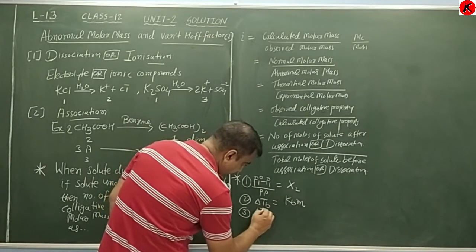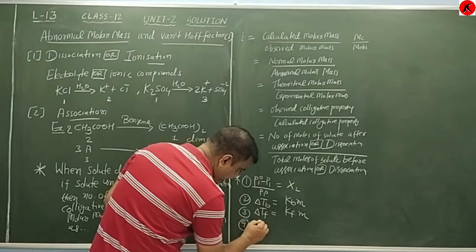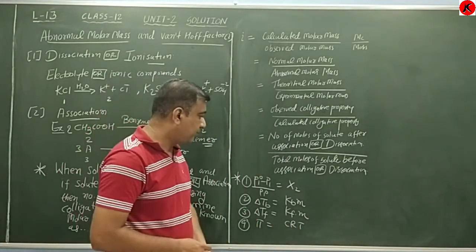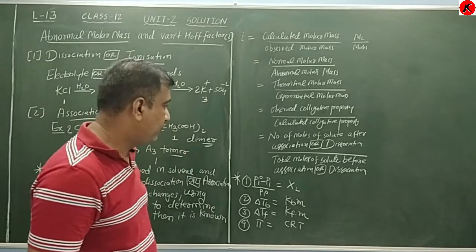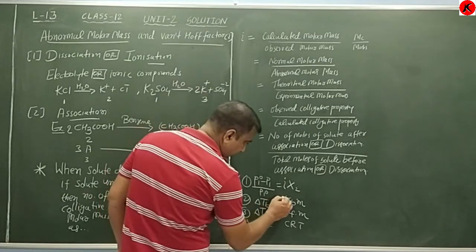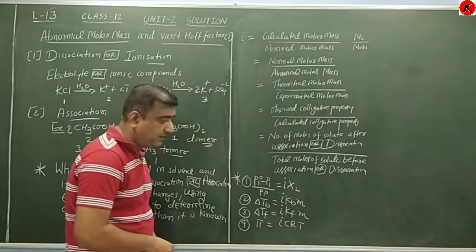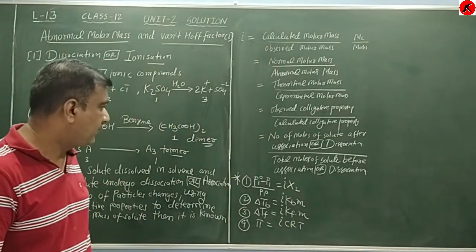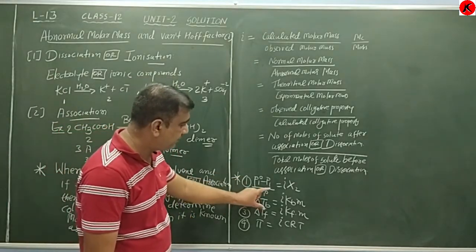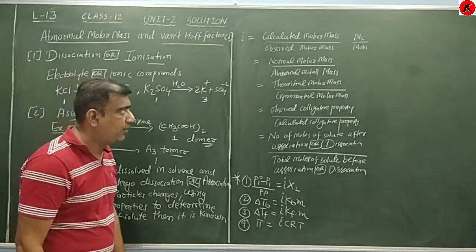Third one is delta Tf equal to Kf into m. And the fourth one is pi equal to CRT. Then if we want to calculate the correct value, we have to use i, that means multiply by i, the Van't Hoff factor, in each. So when a solute dissolving in a solvent undergoes association or dissociation, use this formula to calculate the correct molar mass of the solute.